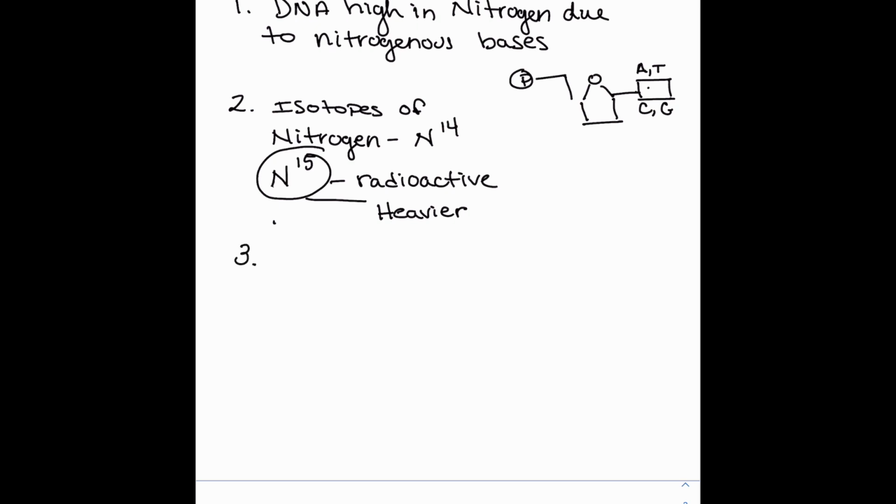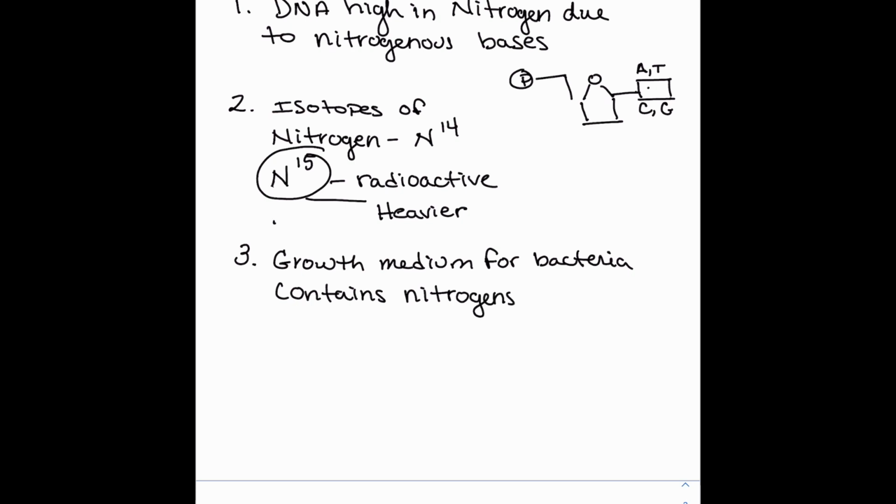The third thing you need to know is that if I take bacteria and I grow it in a medium, in order for this bacteria to replicate, to grow and reproduce, it needs to have nutrients in that medium. So the growth medium for bacteria contains sugars and vitamins and nutrients, but it also contains nitrogens.